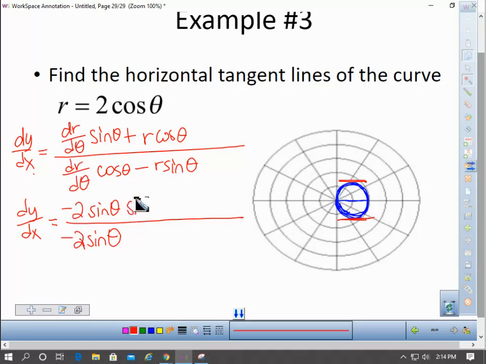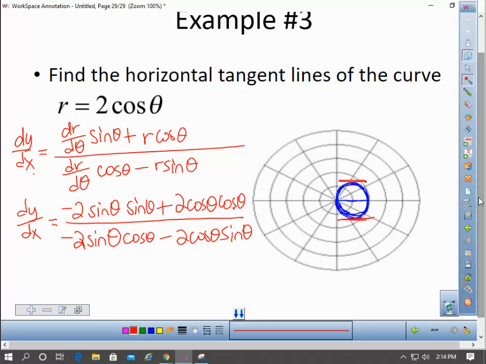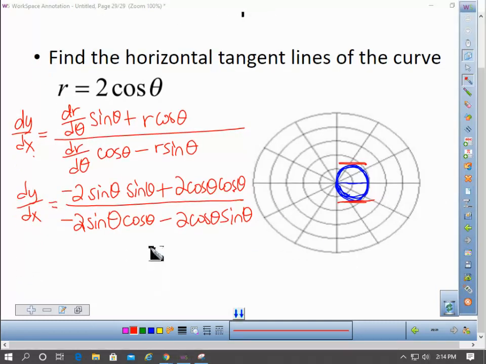So the top is going to be sine plus my r, and my r is 2 cosine times another cosine. And then on the bottom, it's cosine minus my r function, which is 2 cosine, times a sine. All right? So let's see, can we simplify that a little bit? Looks like we can.